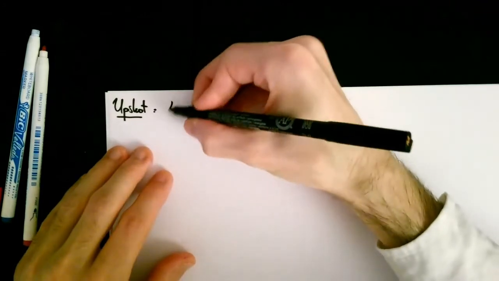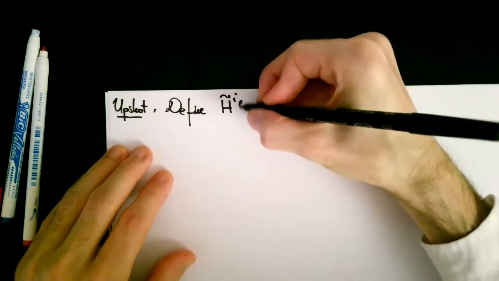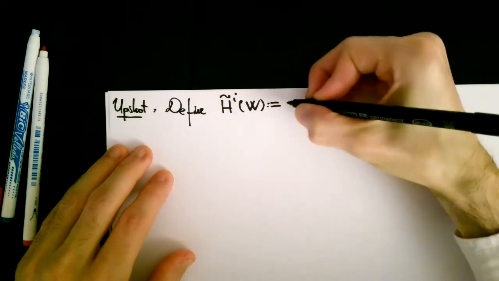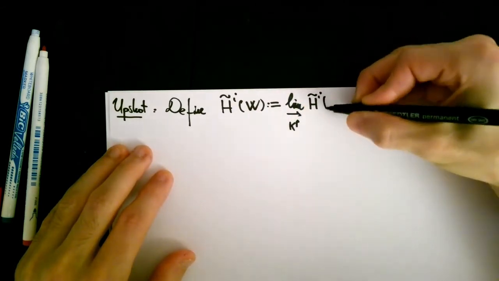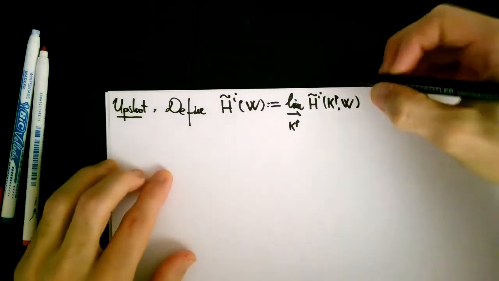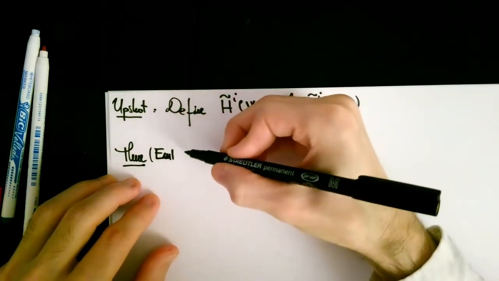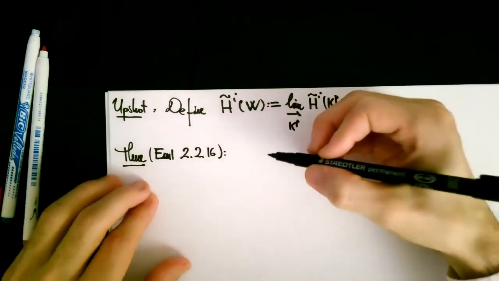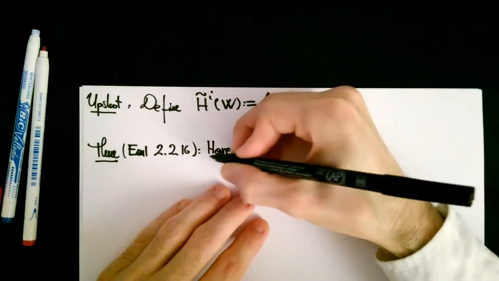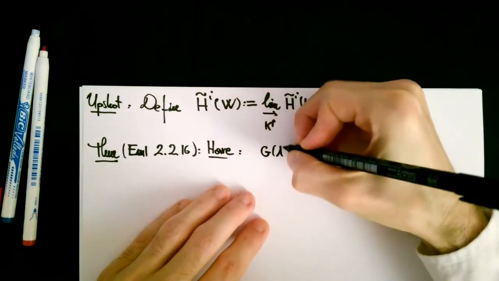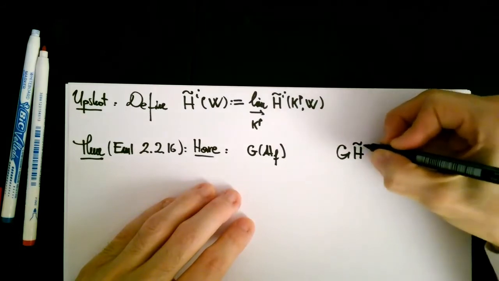We can define the space of completed cohomology H tilde^i of W to be the direct limit over all K^p of the H tilde^i of K^p W. And the theorem, this is in Hamilton 1, theorem 2.2.16, is that we have an action of the finite adeles over the completed cohomology.